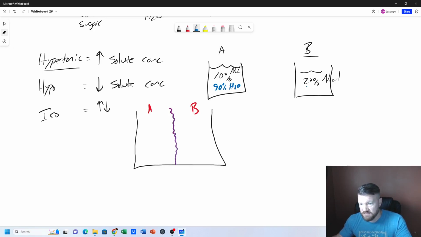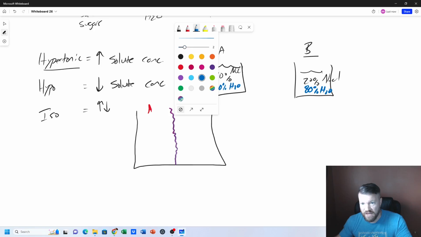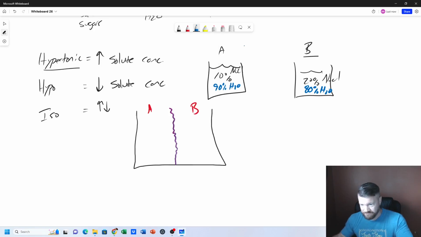If it's 20% salt, then it's 80% water. And since substances move down their own concentration gradients, right, what that would mean is that this is 80% water, this is 90% water.